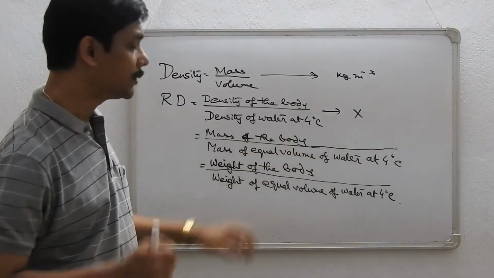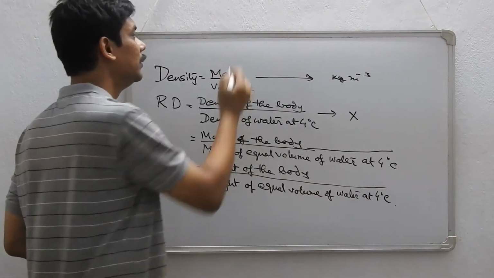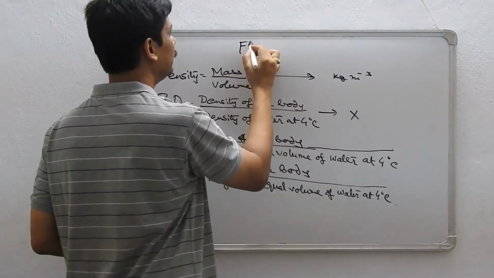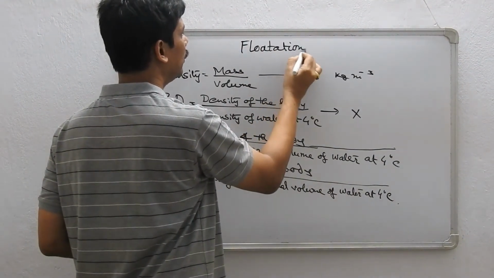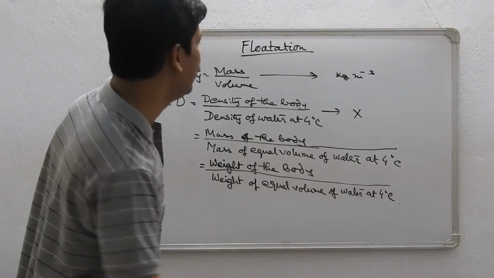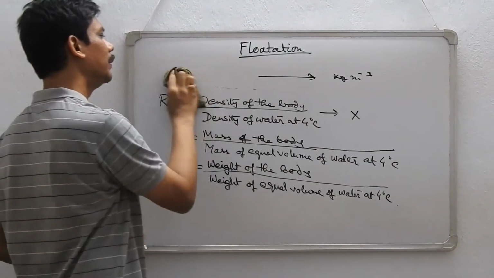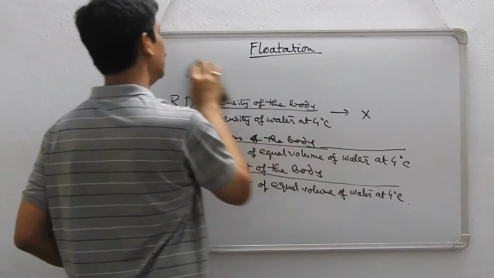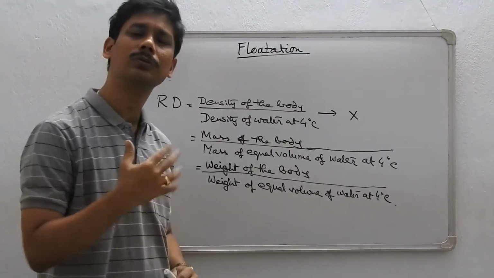Alright. So with this knowledge, today we start discussing what is called flotation, or when can a body float, or floating bodies. What are the floating bodies? If we look all around ourselves, we will see that certain bodies do float and certain bodies do sink.